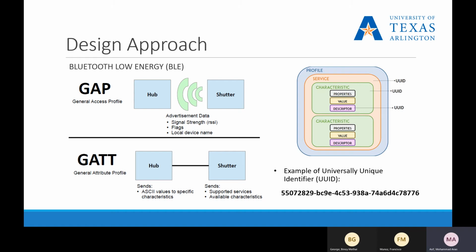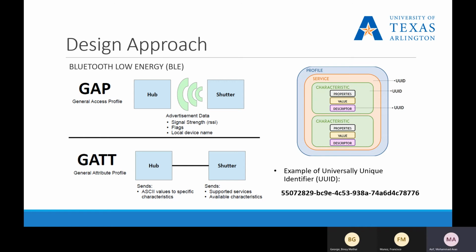The characteristic always has two attributes, the declaration and the value. Additionally, the characteristic value can be followed by descriptors, which further expand on the metadata contained within it. These properties describe how the characteristic value can be interacted with.